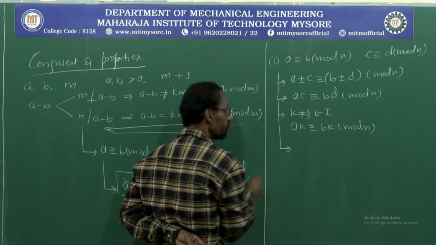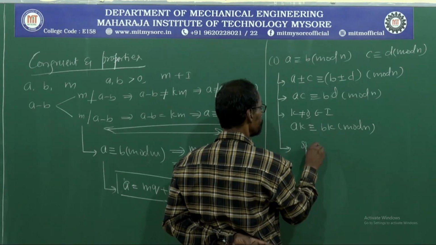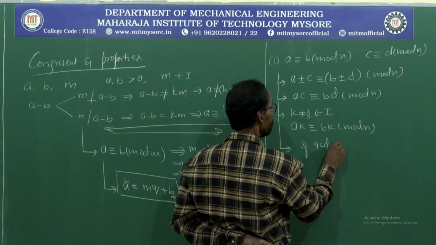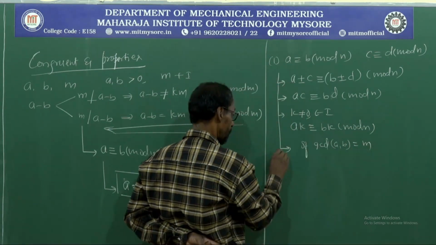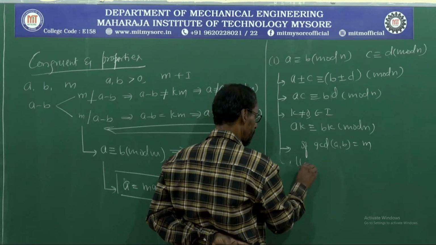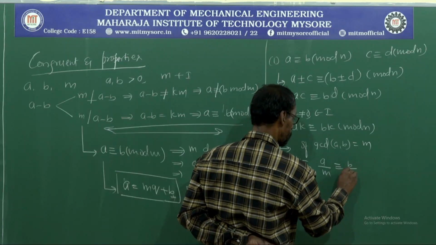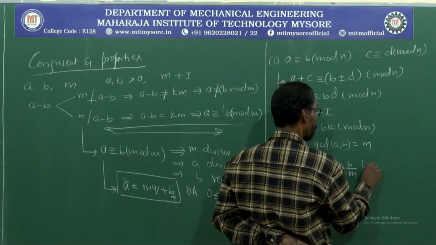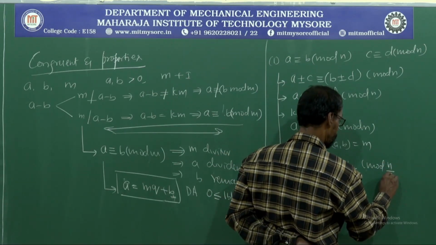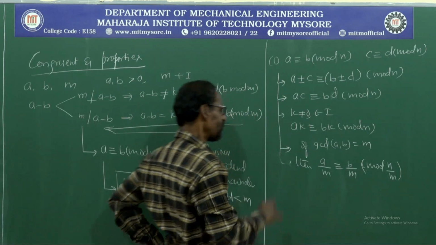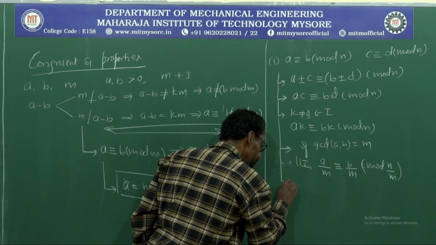And one more property: if the GCD of a, b equals m, then a divided by m is congruent to b divided by m mod n divided by m. This is a fundamental property and a most important property.